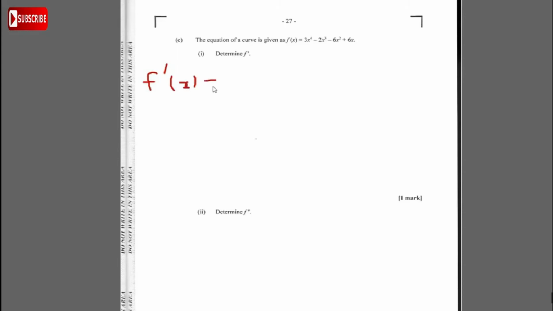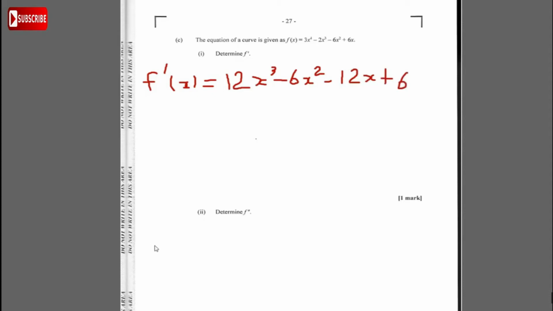We carry down the power to get 12x cubed. Carry down the power, 12x cubed minus, carry down the power, we get 6x squared. Carry down this power again, we get minus 12x. And then differentiate 6x, we get plus 6. So that's the first derivative.